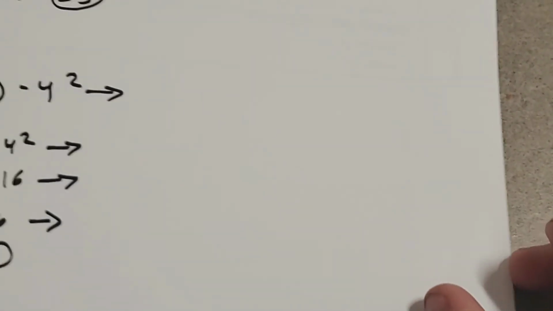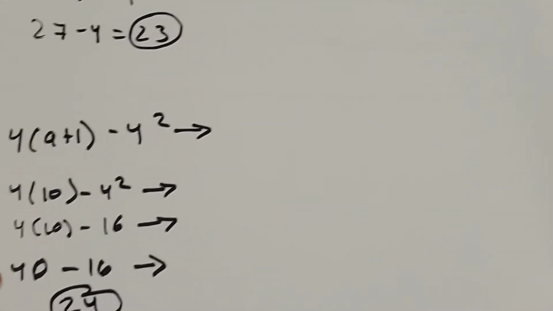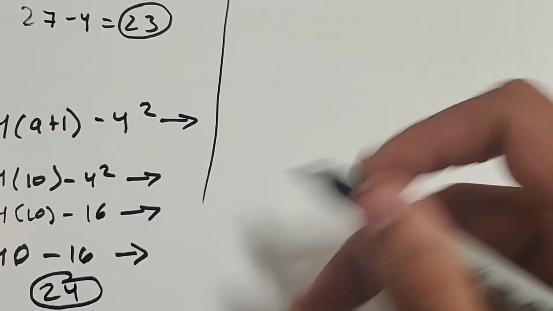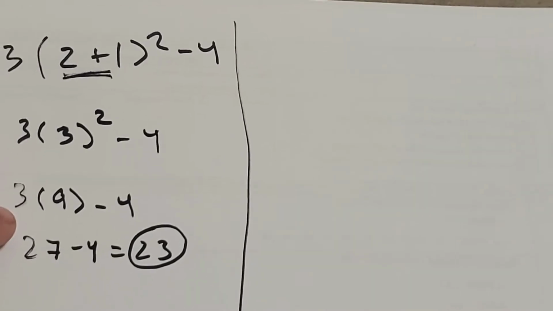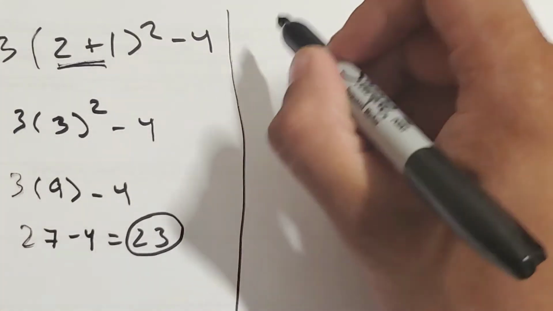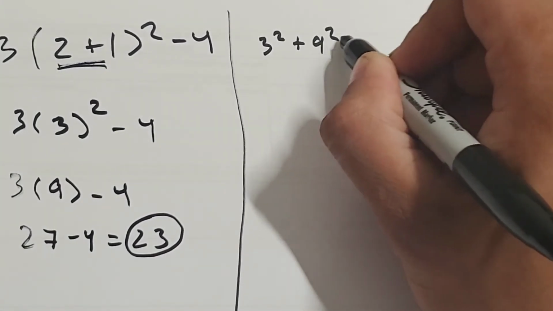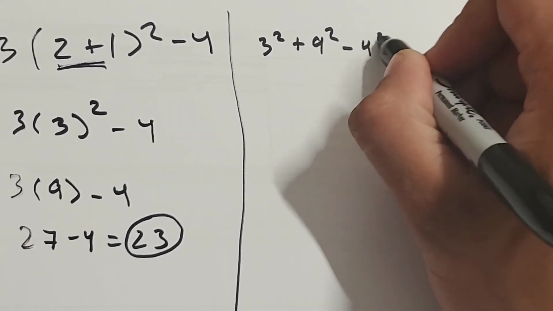Okay, one last one. What if I gave you 3 squared plus 9 squared minus 4 cubed?